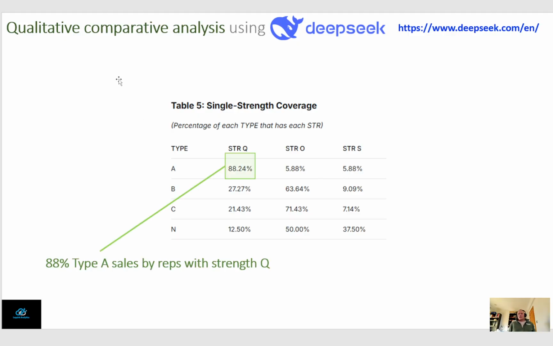For example, of the sales reps who sold service A, 88% have questioning as a strength. So again, a little bit more evidence that questioning is probably an interesting skill for selling service A. This is a very good number.